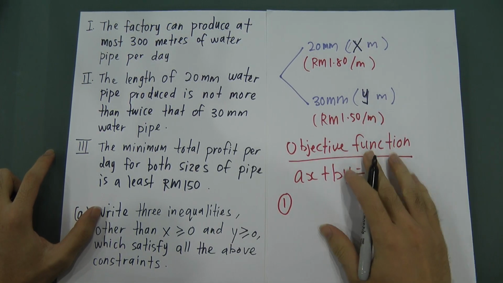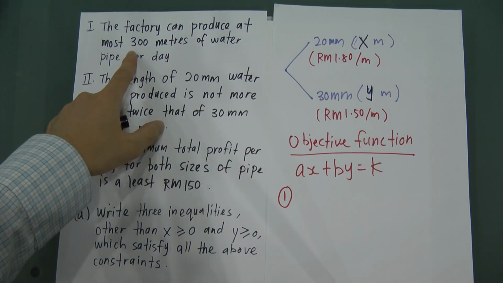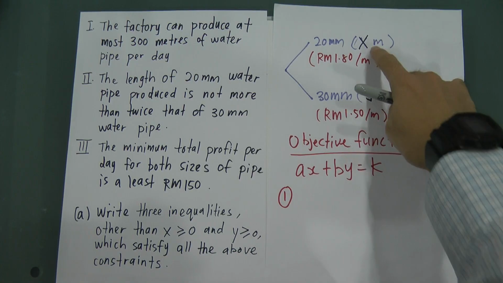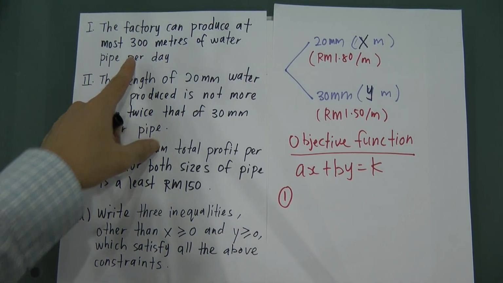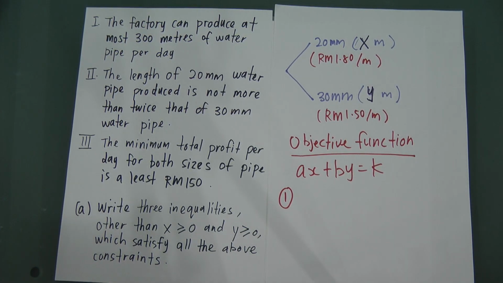The first one says the factory can produce at most 300 meters. This is x meter, this is y meter. It means x plus y maximum is 300. x plus y cannot be more than 300, because 300 is the maximum already. They can equal 300, but they cannot be more than 300.